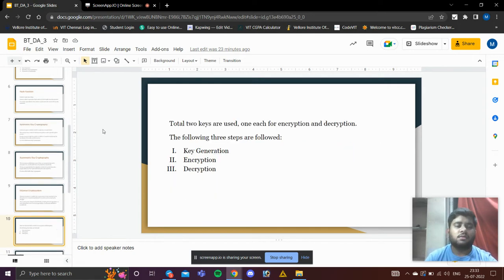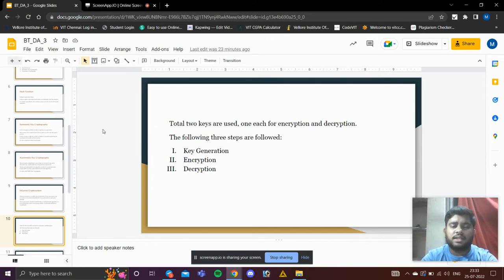So in this ElGamal crypto system, total two keys are used, one for encryption and decryption, as we discussed, and the following three steps are followed. First is key generation, second is encryption, and third one is decryption.